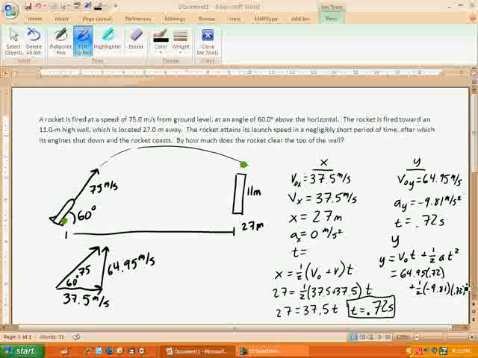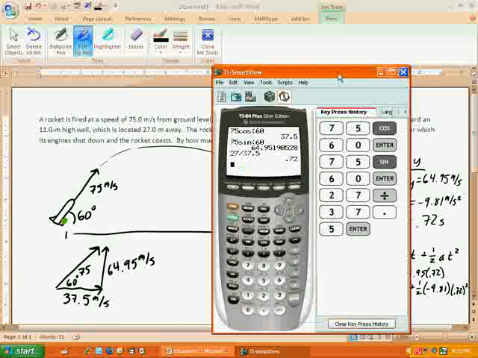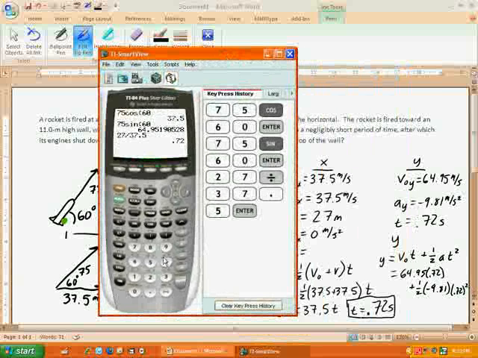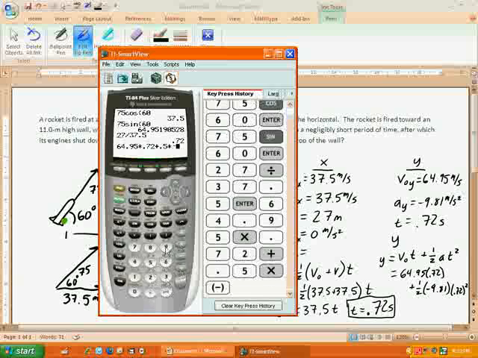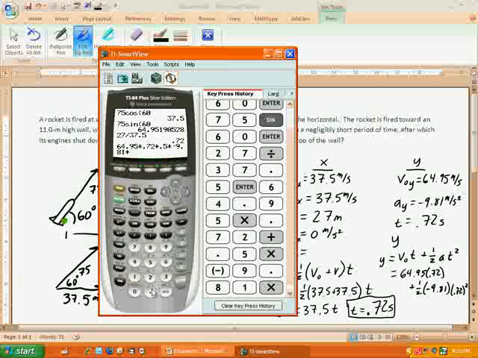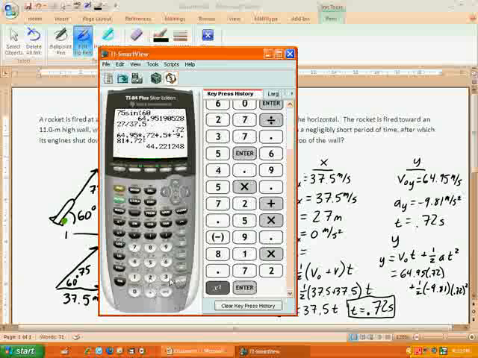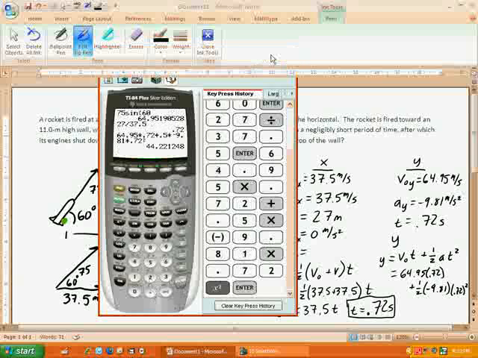Let's put that into our calculator: 64.95 times 0.72 plus 0.5 times negative 9.81 times 0.72 squared, and I get 44.22.